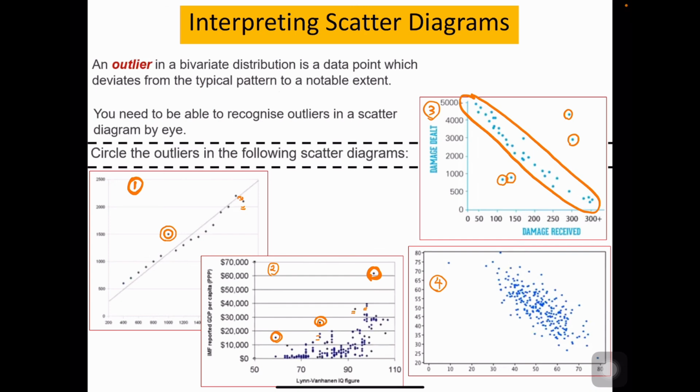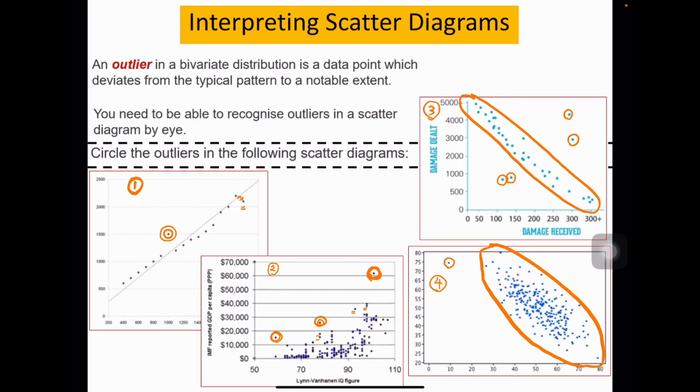Number 4, we have a lot of data points around this region, and so I'd say we have one outlier. That's it, because it's quite a weak correlation.